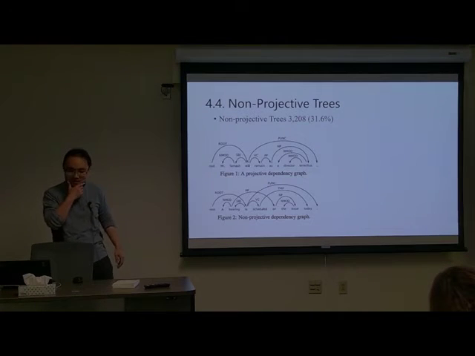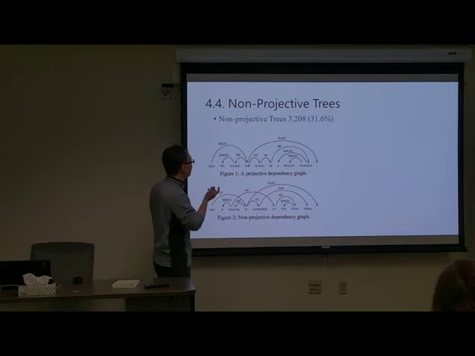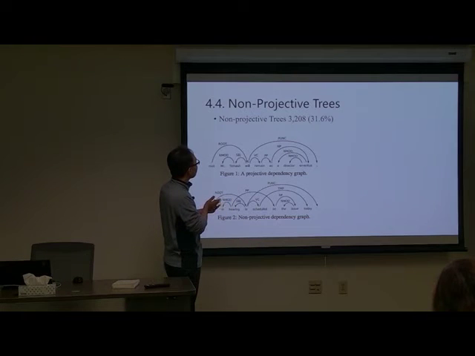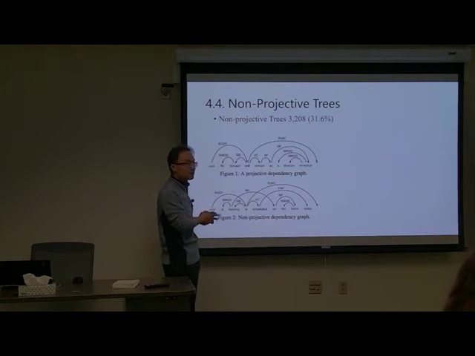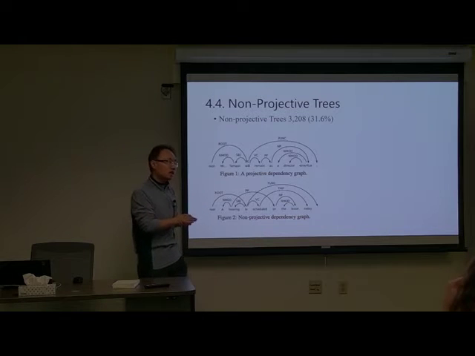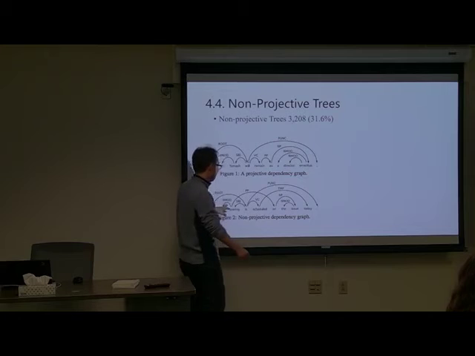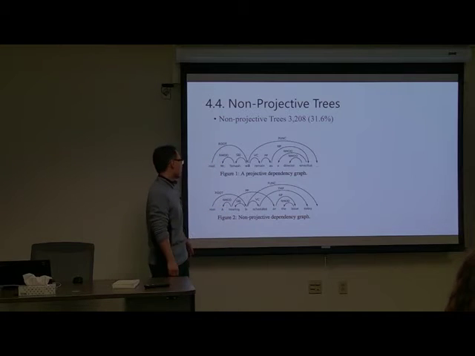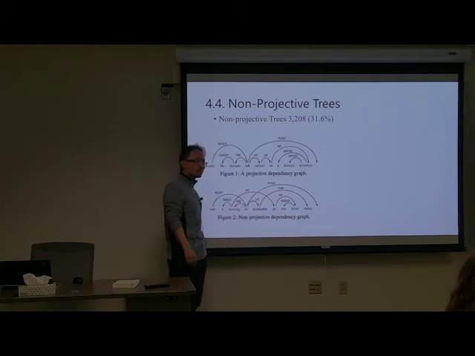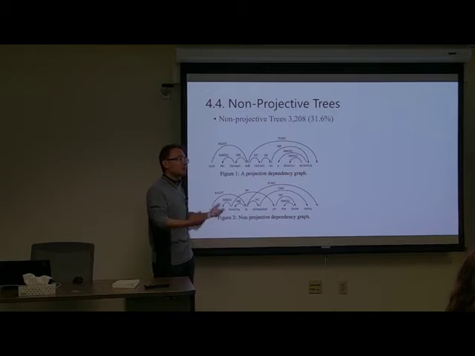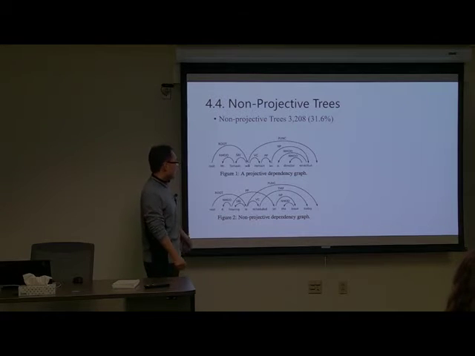And the last part of the analysis I want to focus on is the non-projective trees. It is not well studied in the Chinese corpus, because in Chomsky's theory, there is no such thing. It's all handled by movement. It's all a story in the dependency graph.